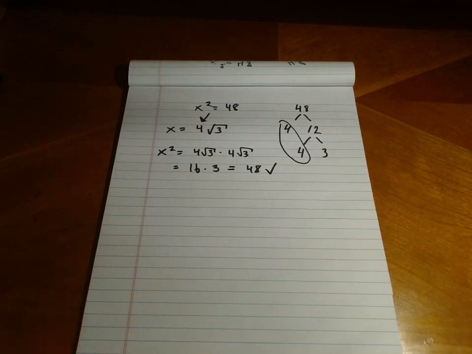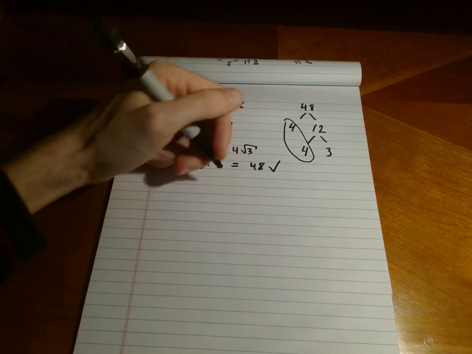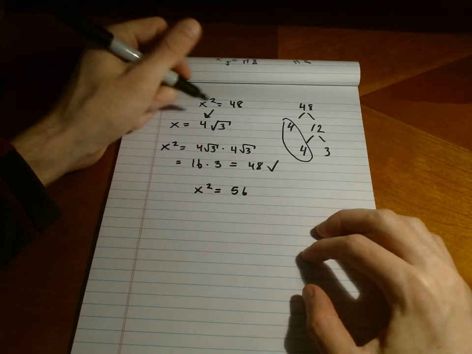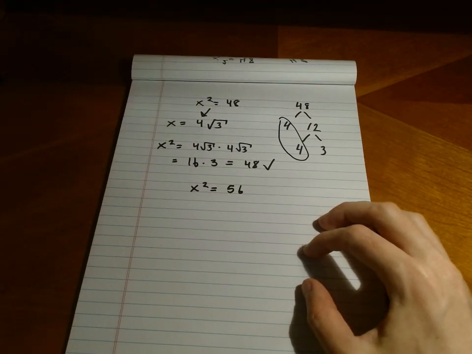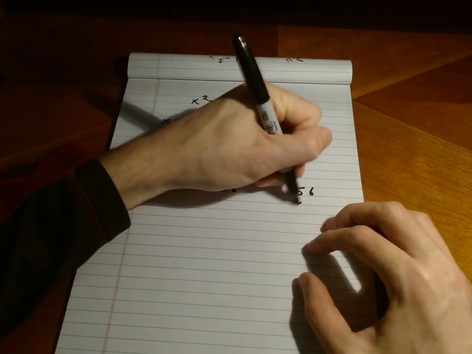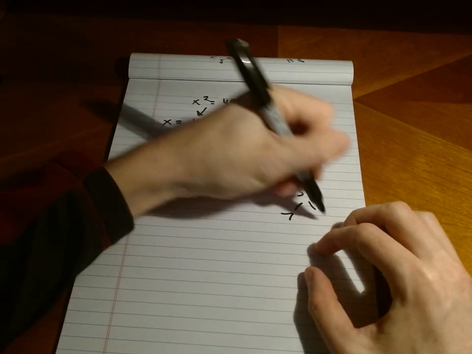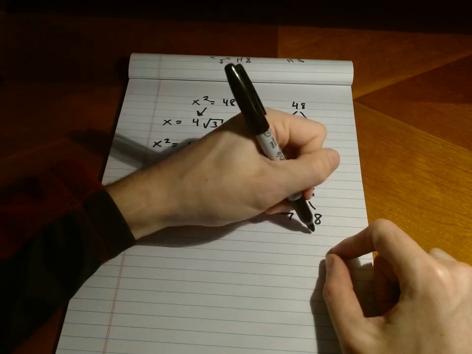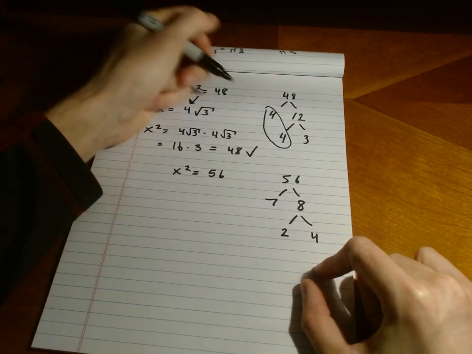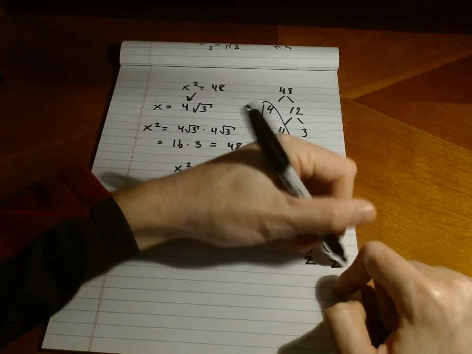Let's see if I have any more. 56. So what number multiplies with itself to give me 56? Okay, so we have 56 is 7 times 8. We have 8 is 2 times 4, which is 2 times 2.